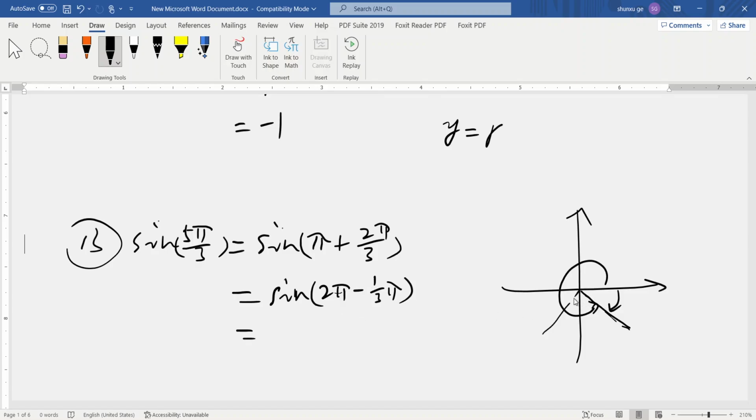So this part is 1 over 3 pi. This is 60 degree, 60. So here 30. Okay, here 1, here 2. So this part, square root 3, negative. So it should be negative square root 3 over 2. So this is the solution.